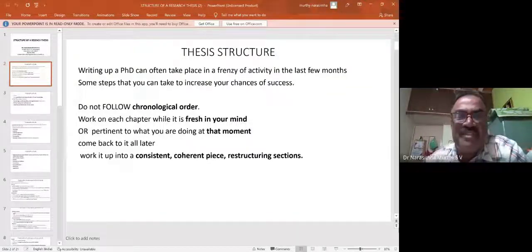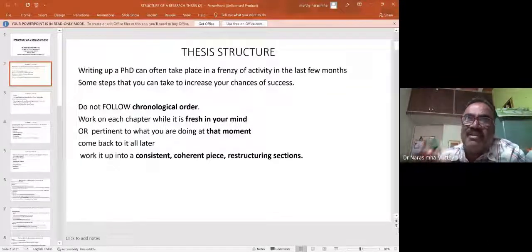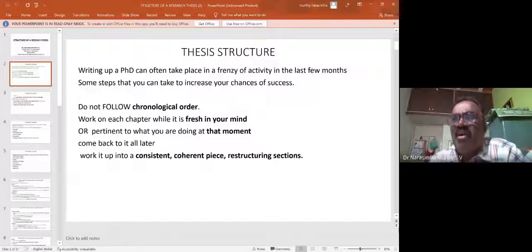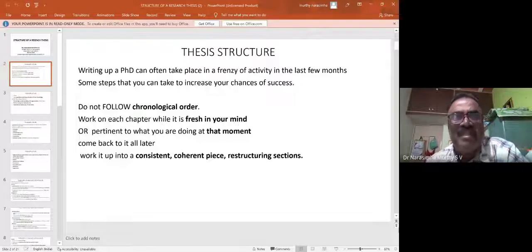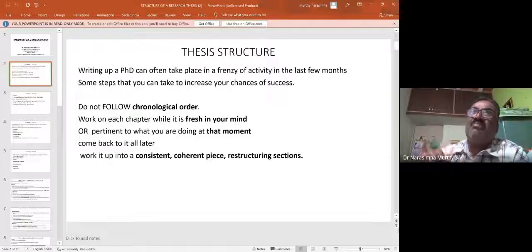But remember a few things. When you start writing, never follow the chronological order. When I say chronological order, we all begin with chapter 1, chapter 2, chapter 3. No, never make that mistake. Because at one point of time, you have to begin writing.